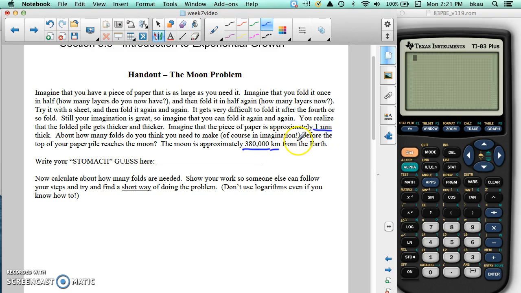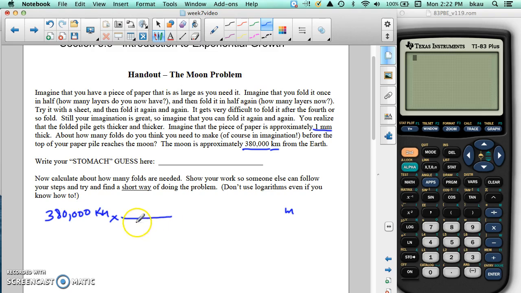Well, we have different units here, so we're going to have to convert 38,000 kilometers into millimeters, because each fold is a millimeter. So to do that, I'm going to use some unit analysis.